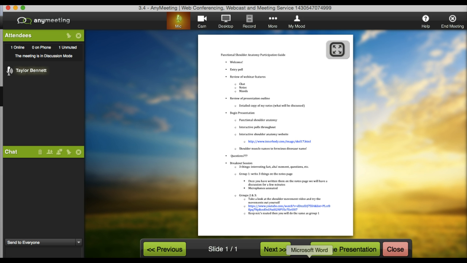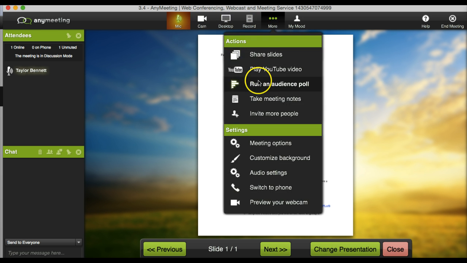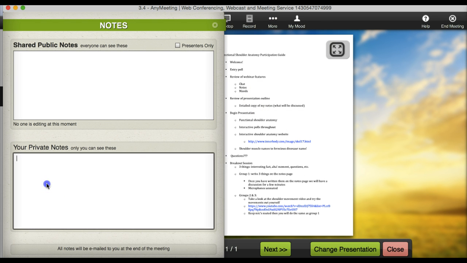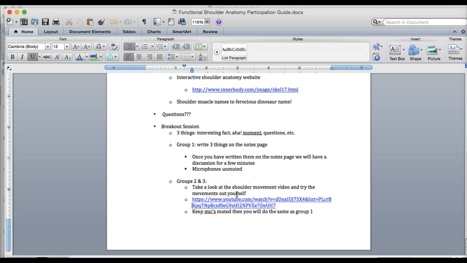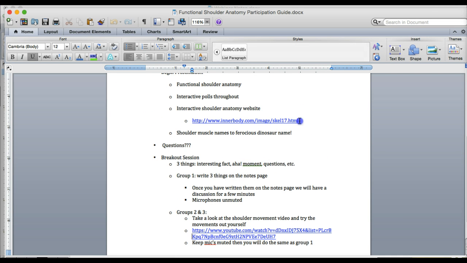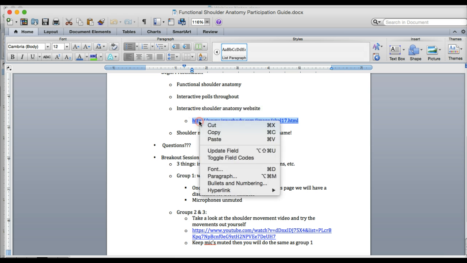Real quick, I forgot to put this part in here. I'm going to go ahead and open my notes section, and I'm going to include the different links that we're going to be using so that it's a little more readily available for us to access. So there's one.